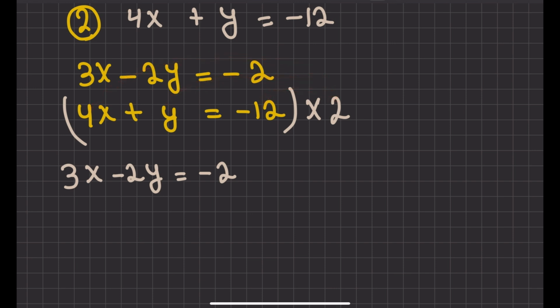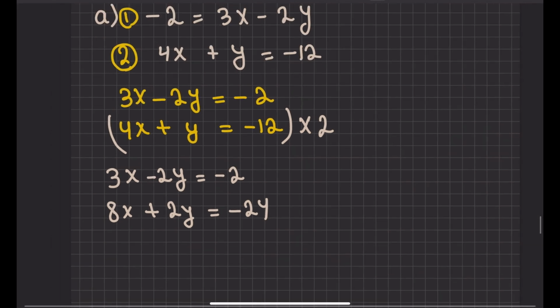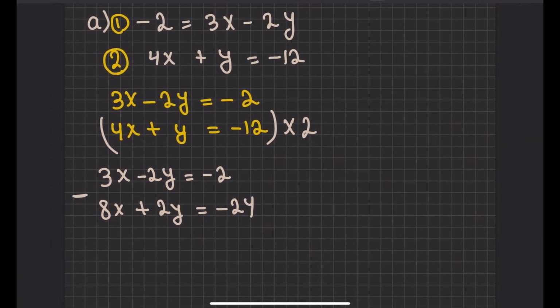So it's going to be 8x plus 2y equals negative 24. And I'm going to use addition because right now for my y variable I have a common number but different signs, so I can use addition.